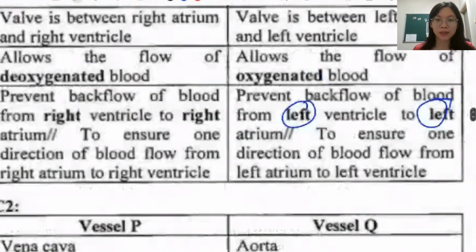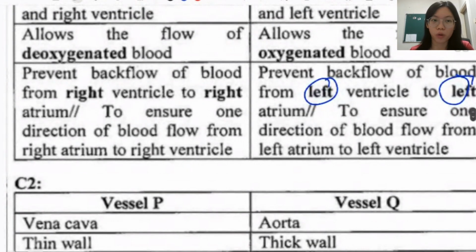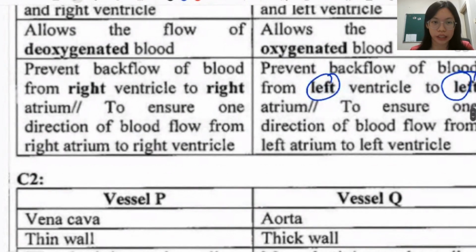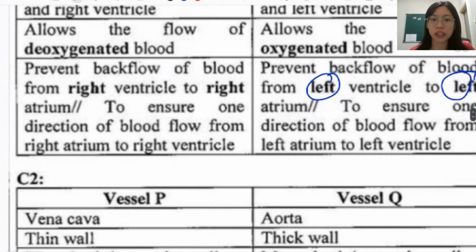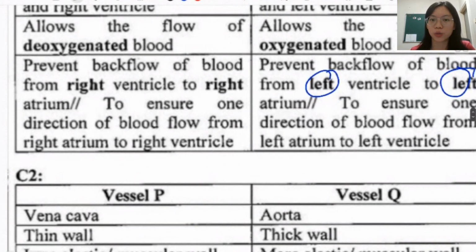All right. Vessel P and vessel Q, one is vena cava, one is aorta. You can compare their wall. One is a thinner wall, one is a thicker wall. And you can compare which one is more elastic or muscular also can. Since aorta is the main artery, it has to be very muscular to contract forcefully, and it has to be more elastic to stretch more, okay?